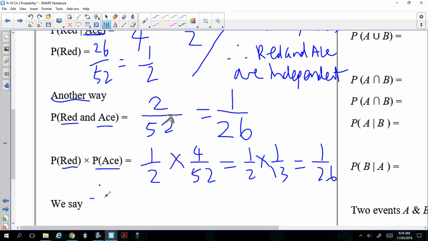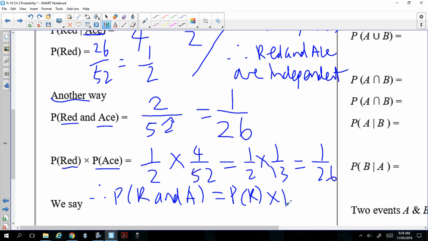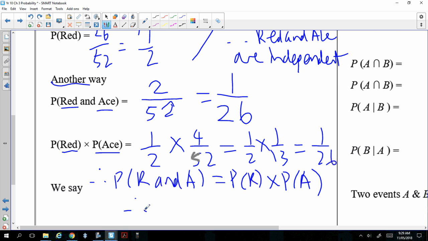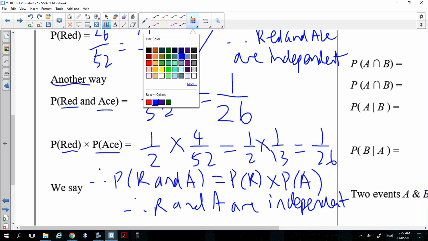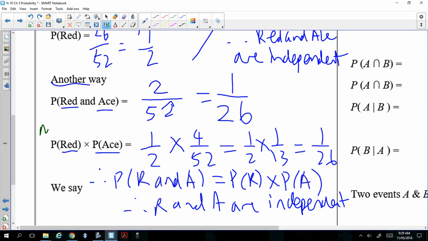Therefore, red and ace are independent. So there are two ways of doing that. Obviously, the first way is quicker. This is method 2, and this is method 1.